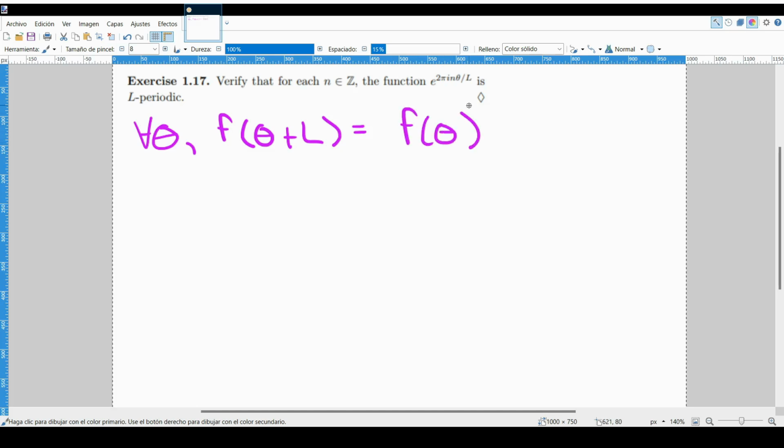So the idea is that if we shift the input of the function by L units, or in fact a multiple of L, the output is just going to be the same as f theta. A common periodic function example would be sine of x, or sine of theta, which is 2 pi periodic.